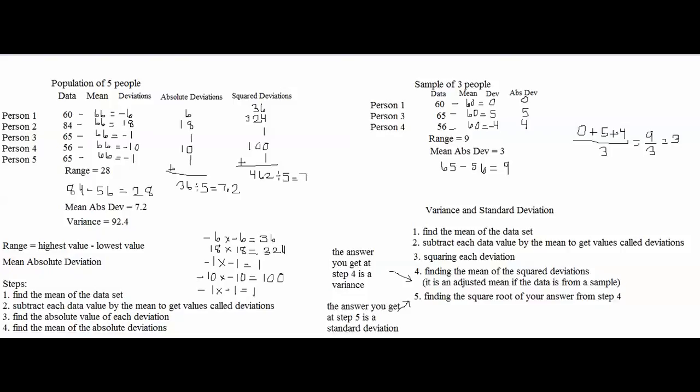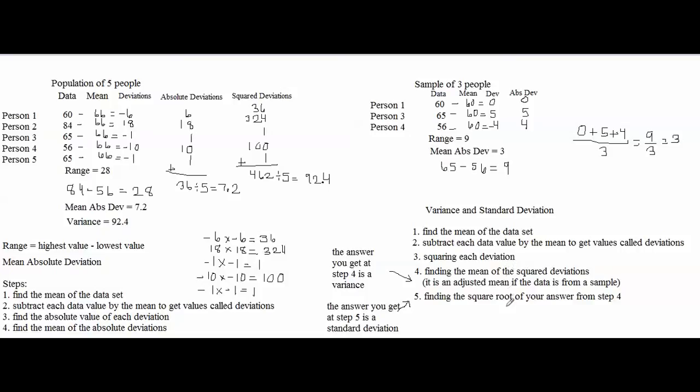Oh, it was 92.4. That was the variance. So to get the variance, we added the squared deviations and divided the total by 5. Because I said if you stop at step 4, you get the variance. If you stop at the mean of the squared deviations, you get the variance.